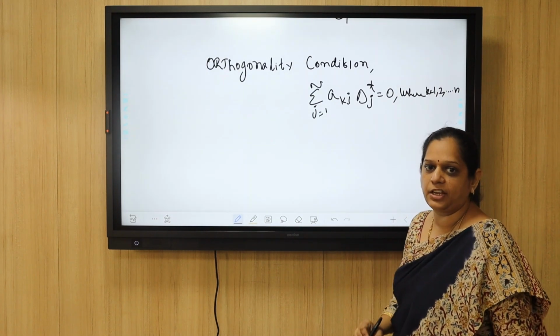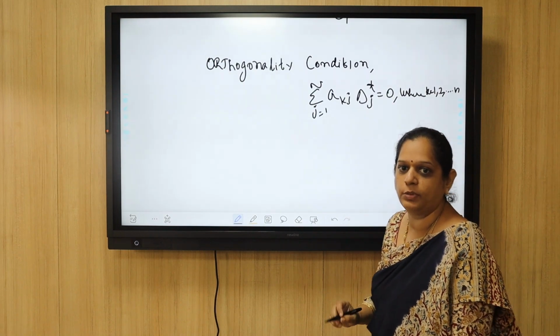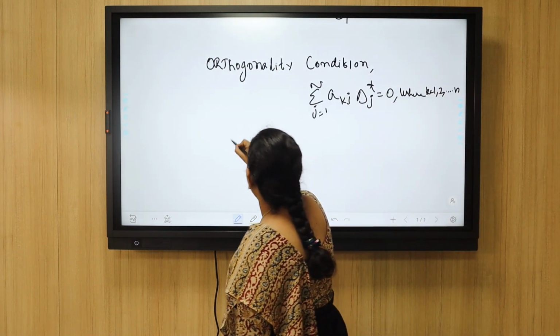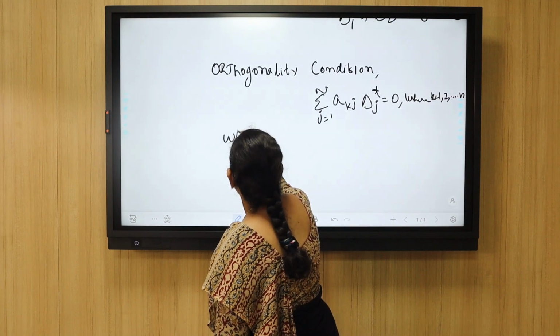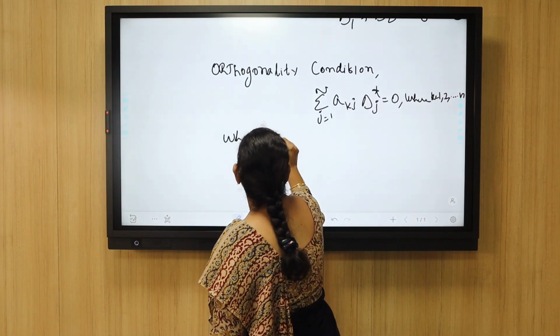Now again you form the equations for this one, just like this. Where k equal to 1.